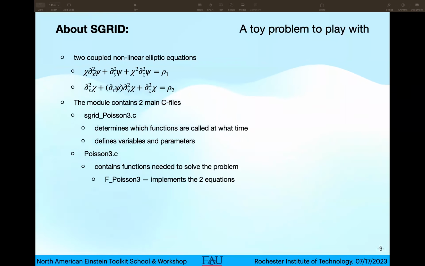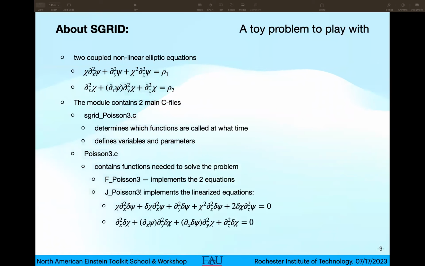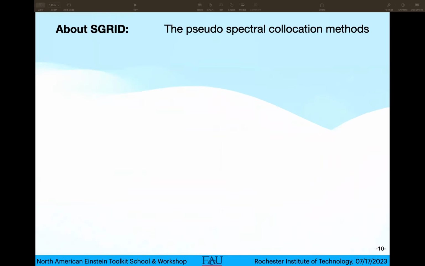So what is necessary to provide to sgrid is just this set of equations, and we need to linearize them and provide them to sgrid as well. And then we can just see how the entire procedure looks. So there's the toy model, and I know it sounds like it's slightly separated from the main stream of this talk, but I will go back to this slide later on at the very end of my presentation. So then it will become clear why I'm talking about it.